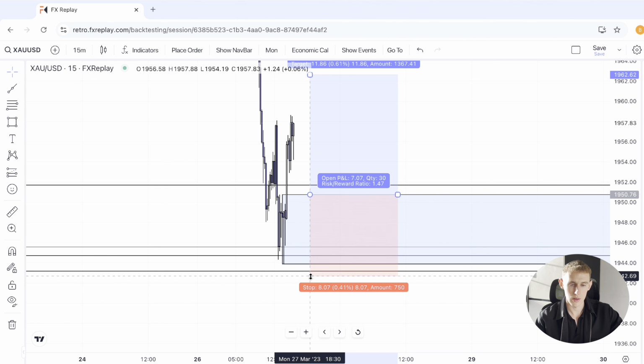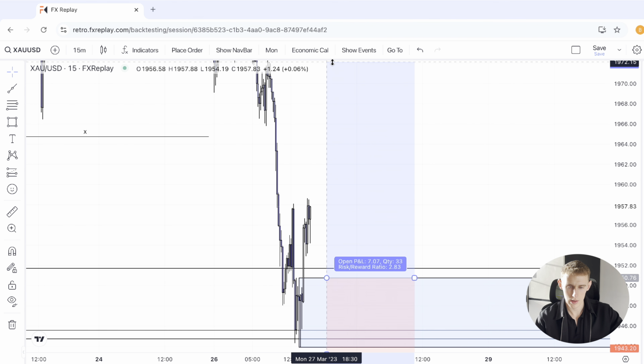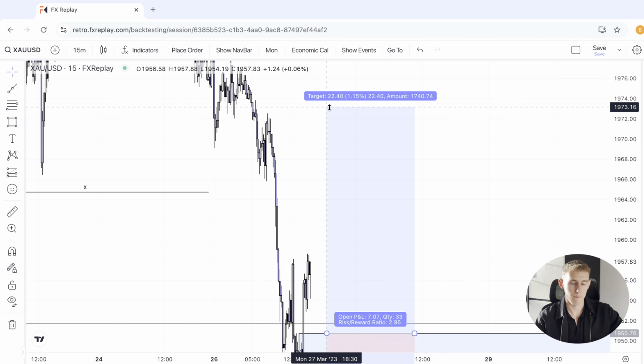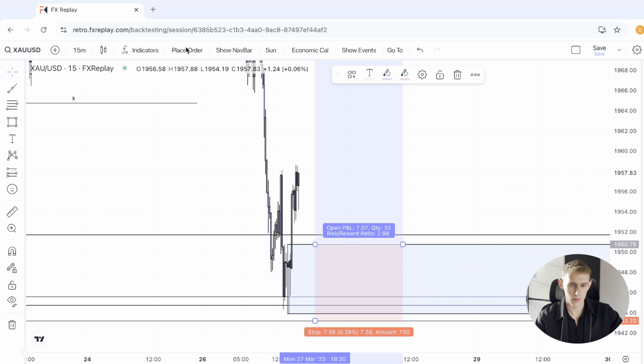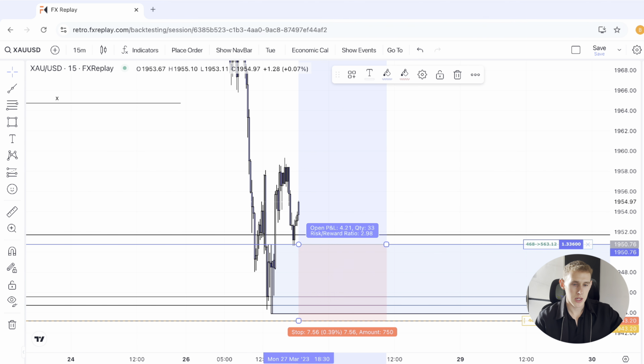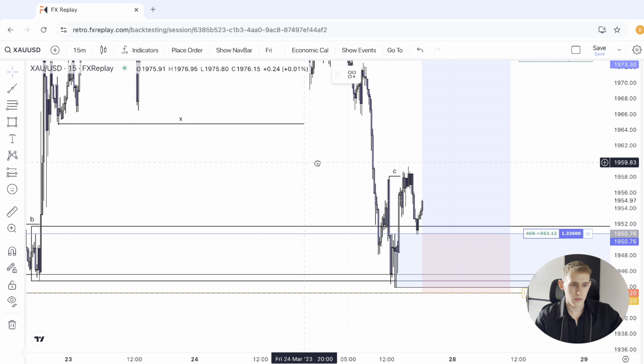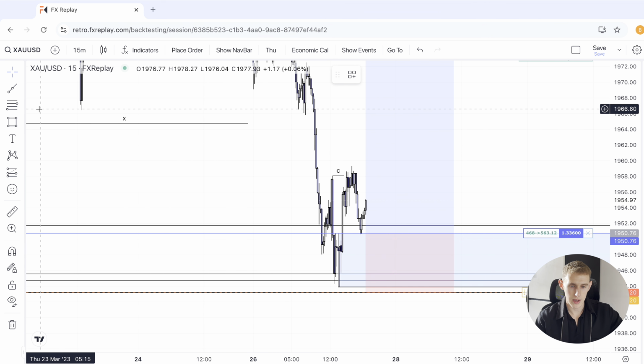Stops below. Targeting just up here. Cool, so there we go, tagged in. Just going to mark this on as well because I didn't mark the change of character. We also had an inducement above it.